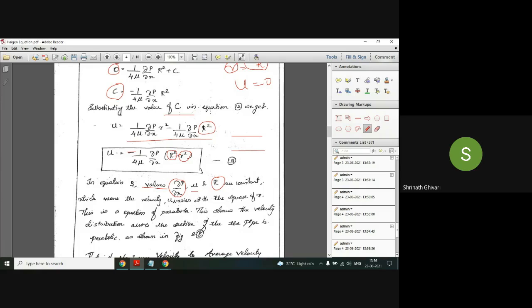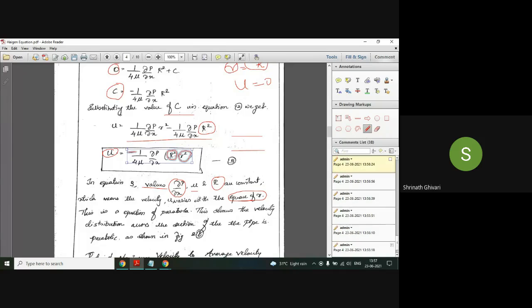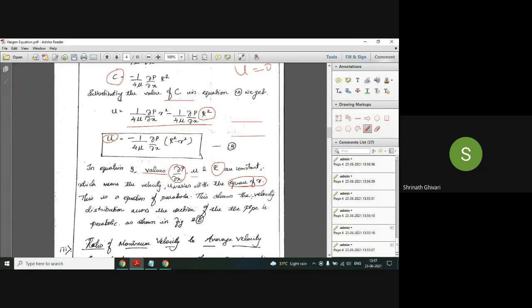So it means that whatever velocity is there, it has to vary with the square of r. So this capital R, dou p by dou x and mu are constant, but the small r varies, and the velocity varies with the small r.